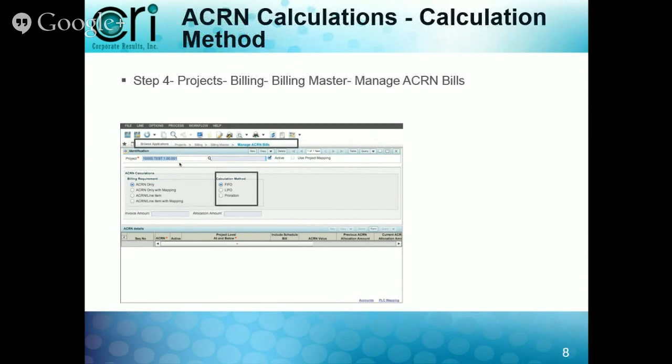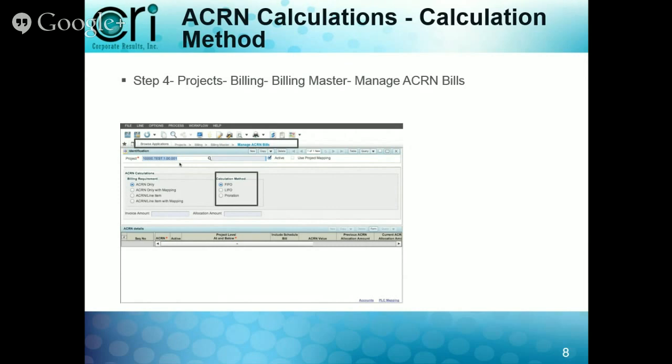The next part of this screen is the calculation method. There are 3 choices to choose from here. You've got FIFO, which is first in, first out. This calculation method uses the data entered into the ACRN details table below, looks at the sequence number, which you'll see there on that table, the far left. It looks at the sequence number associated with each line in the table and removes funding. So in other words, it allocates billing costs to that ACRN based on its starting sequence number, starting with 1.